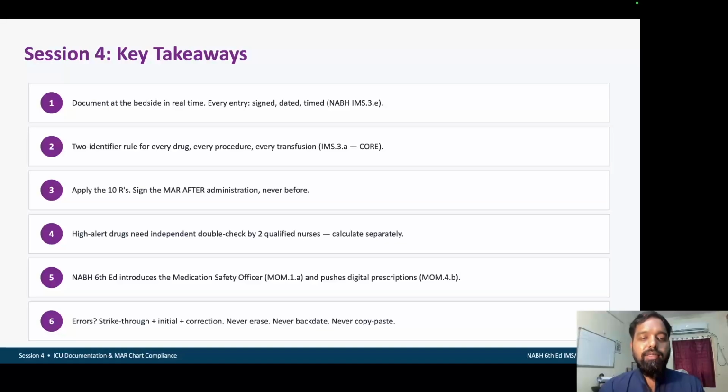High alert drugs need independent double check by 2 qualified nurses who calculate separately. The NABH 6th edition introduces the medication safety officer and pushes digital prescriptions. Errors, strike through plus initial plus do the correction. Never erase or white out, and never backdate and never copy paste.